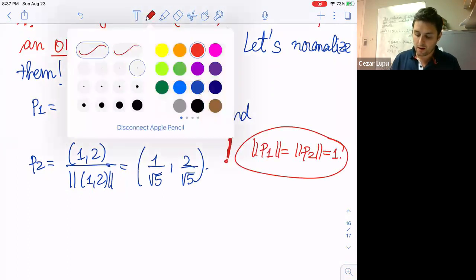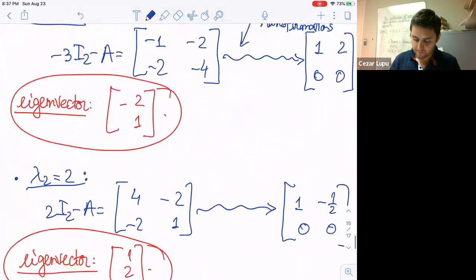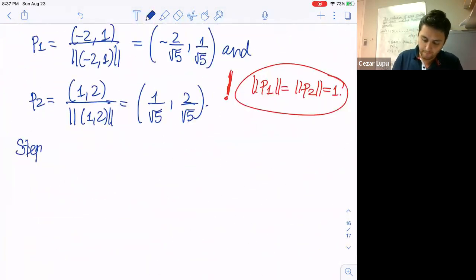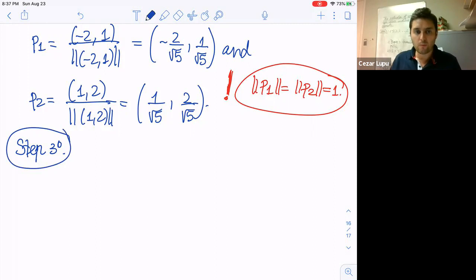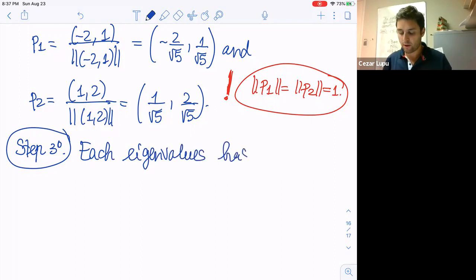Okay, and now step 3. Each eigenvalue has multiplicity 1.